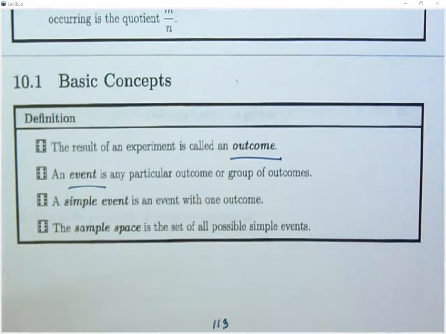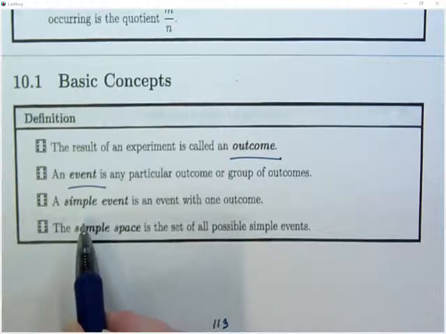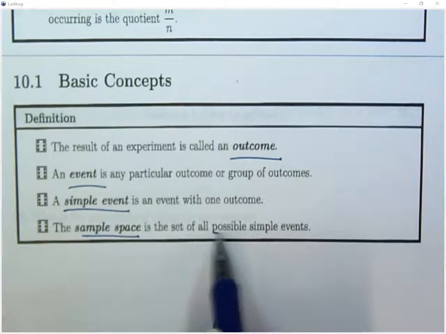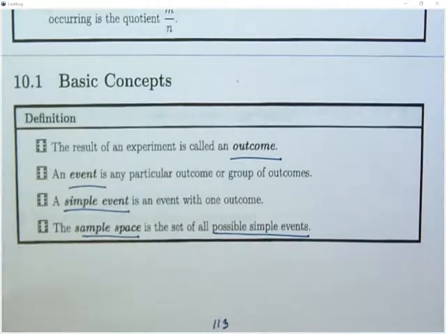If we flipped it 3 times, we would say the event is getting a certain number of heads out of that, when we would choose that. Like I got exactly 2 heads, or at least 2. So we use a lot of language like that. Simple event is we just have one outcome. A sample space is a set of all possible simple events when you put them together.